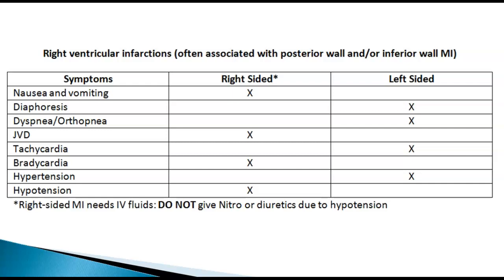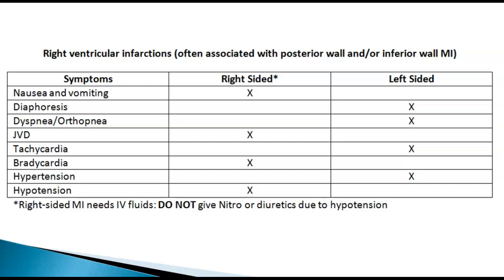You could have bradycardia because it could affect that SA node, and hypotension because of the low cardiac output. Therefore, you would not give nitro to patients with a right-sided MI. What they actually need is IV fluids. You pump 500 mLs to a liter in them and see if it increases their blood pressure.